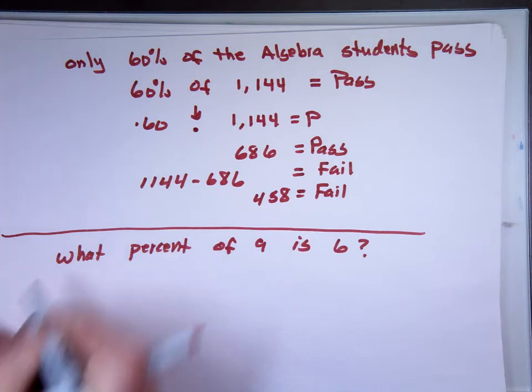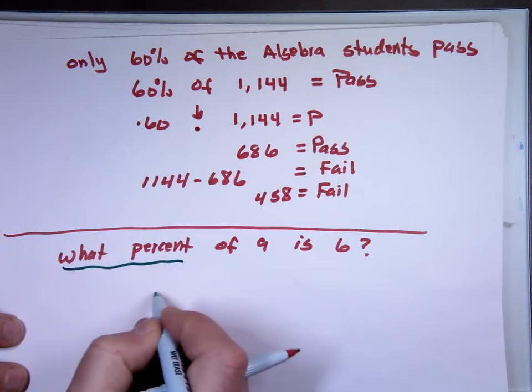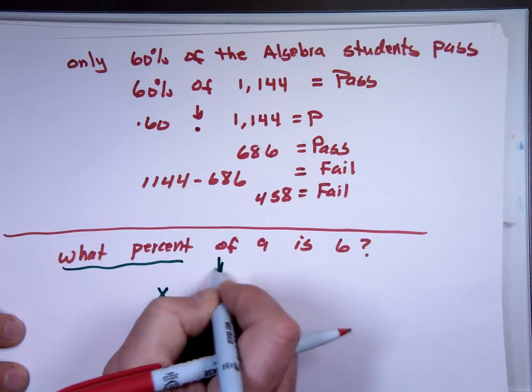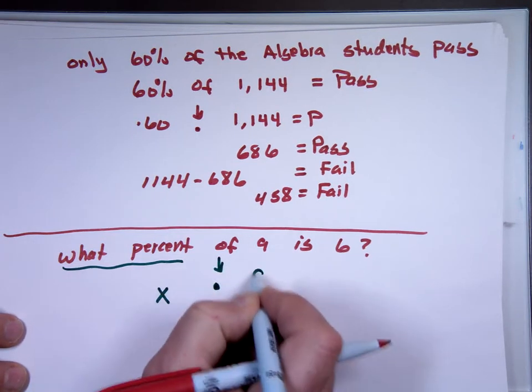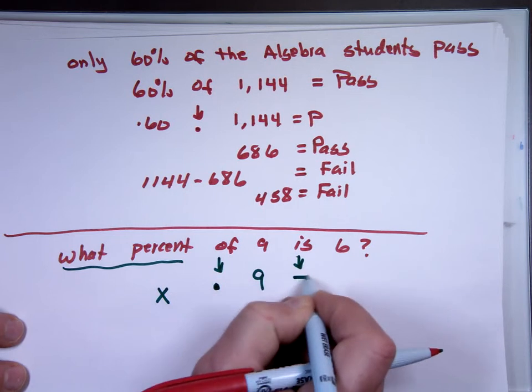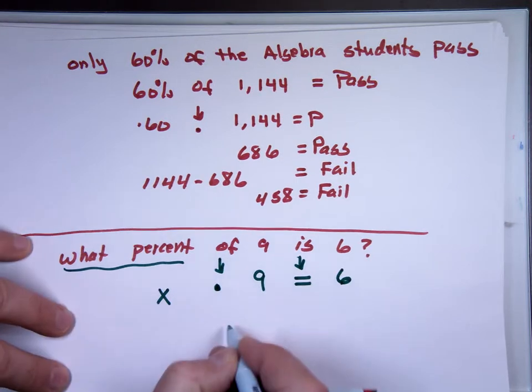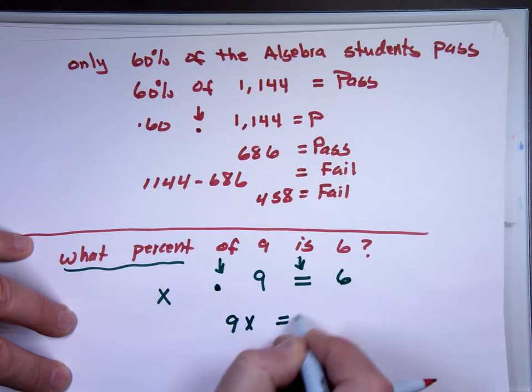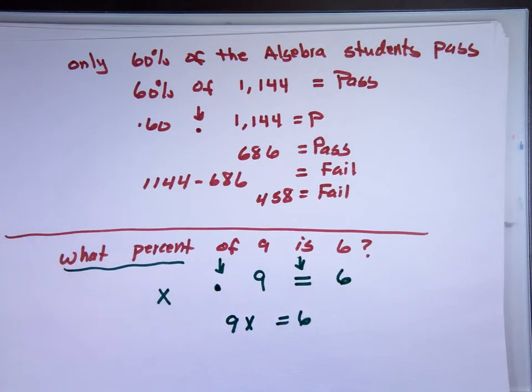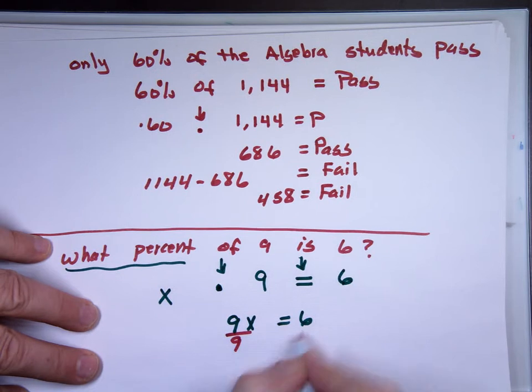What percent is an unknown. x times 9 equals 6. Of is always times, is always equal. So 9x equals 6. To solve for x, we're going to divide both sides by what? By 9. Simplify that. Isn't that 2/3?